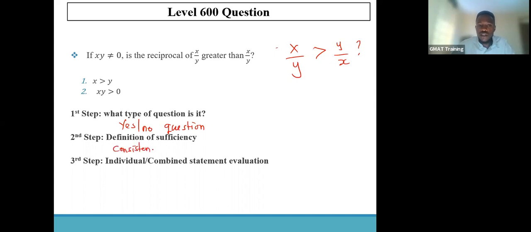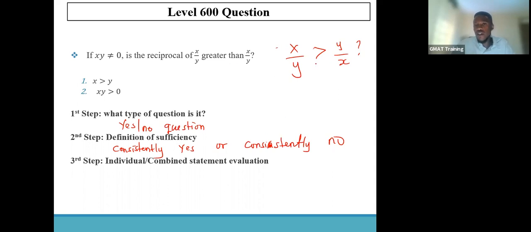We're looking for consistency here. Consistently yes, or consistently no. So when we get consistency, then that statement becomes sufficient. If one of the statements gives us at times yes and others no, then it becomes inconsistent, and for that reason it's insufficient. That's our definition of sufficiency for yes or no questions.